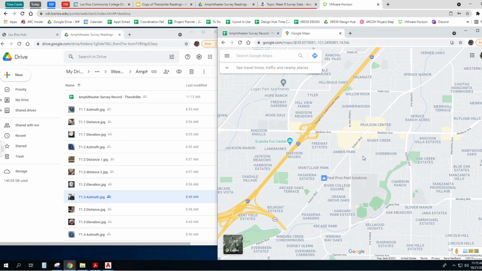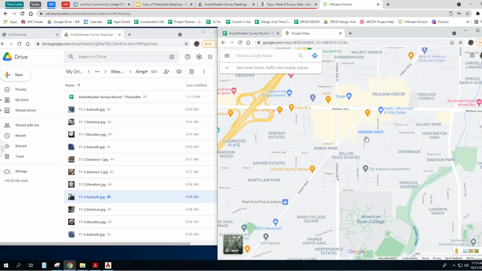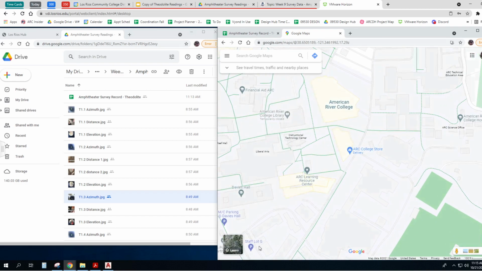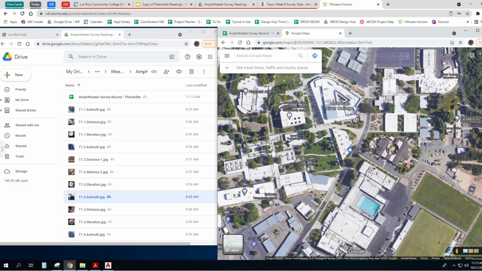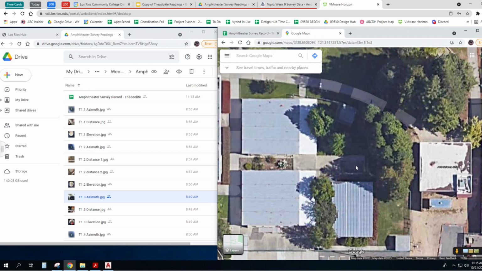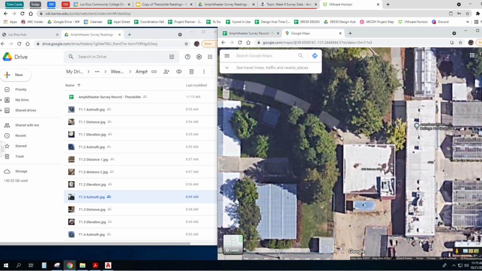Where are we? College Oak. Here we are. This is exactly where we're doing our measurements. T1.1 is the column here. T1.2 is the column here. And then we're going to go straight out this way. Let's see if it'll let me go there. Nope.